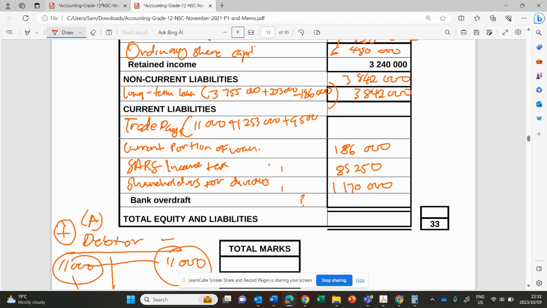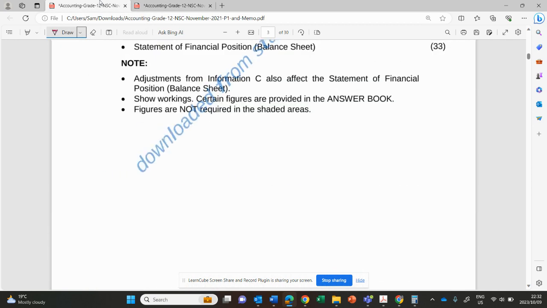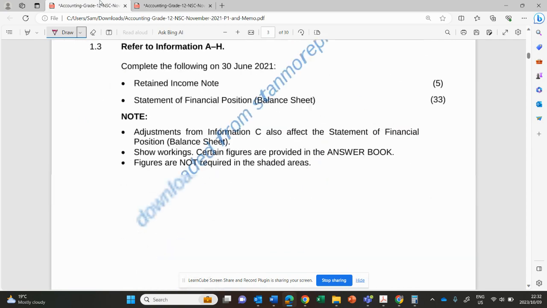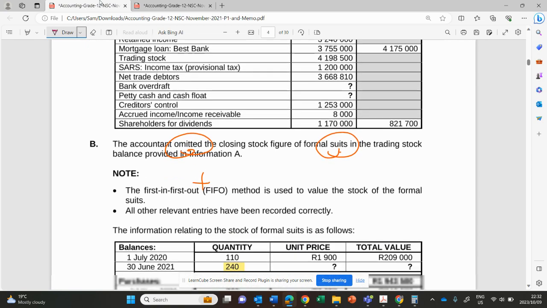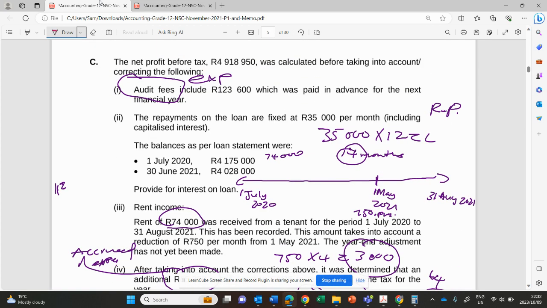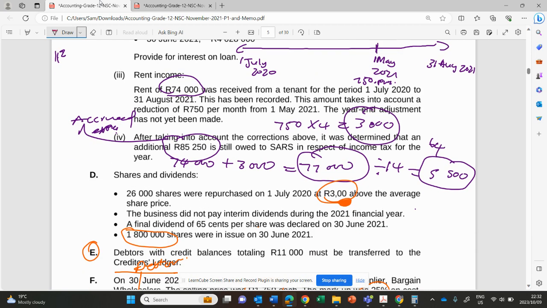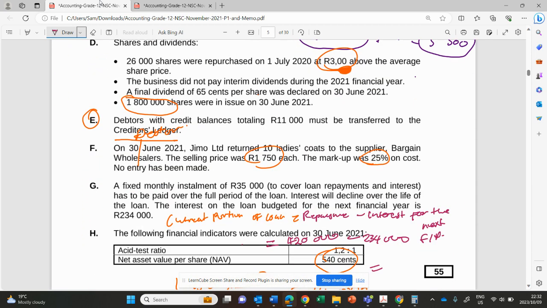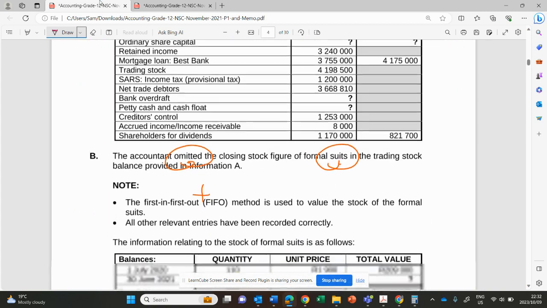Now, is there an accrued expense there? So now it means this is done.